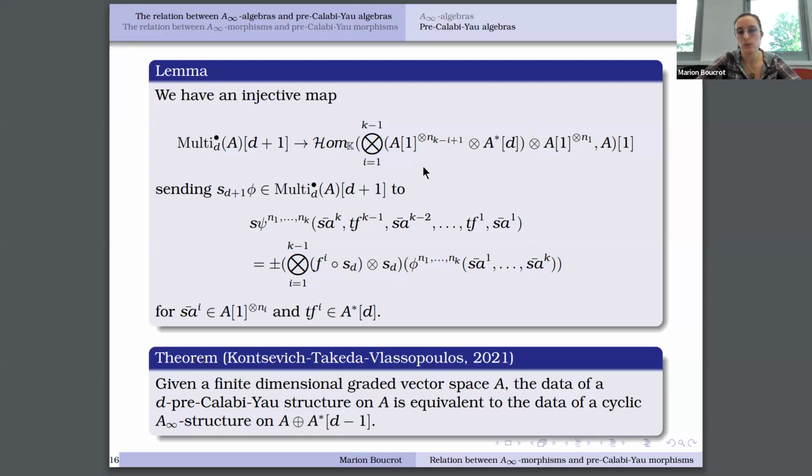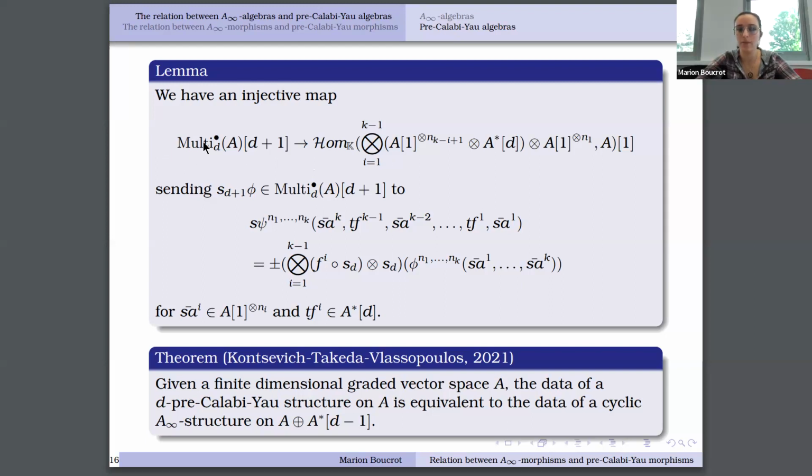And when we have an element in this and an element of the same Hom with an A star here, we finally have an element of the space of Hochschild chains of A plus A star. So this is an infinity structure, provided that here we have a pre-Calabi-Yau structure.